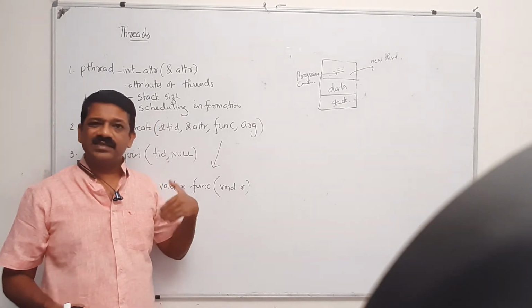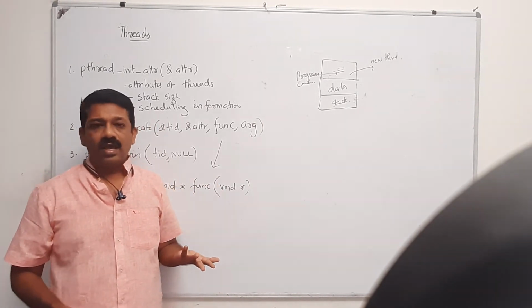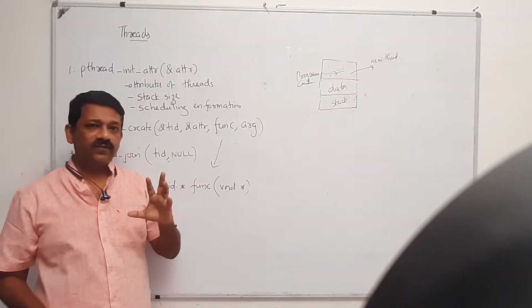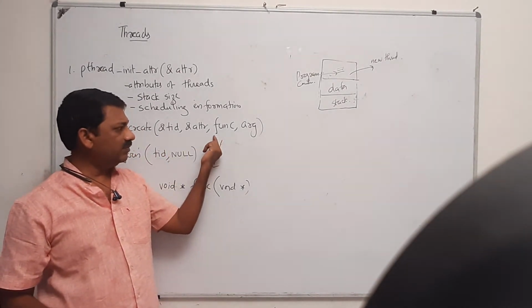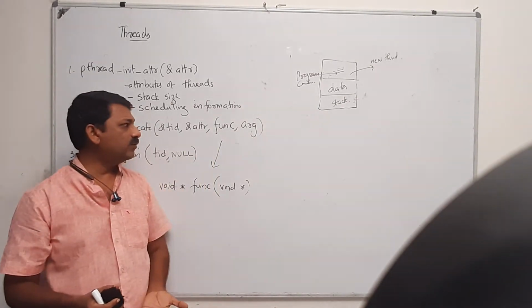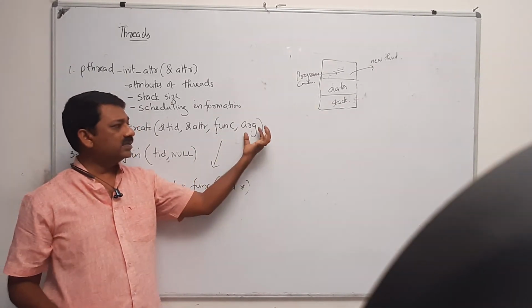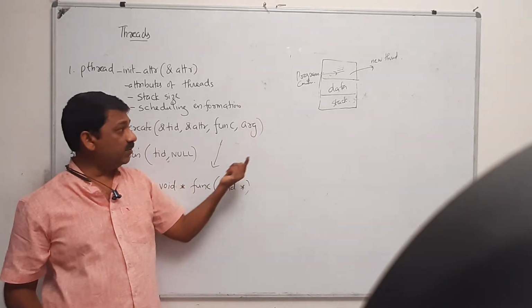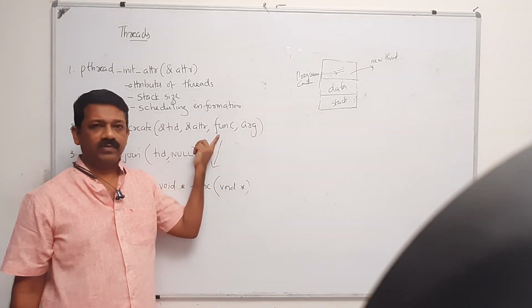It is just like a function code, and there are differences between function calls and this one. This function is going to be executed as a thread, and these are the set of arguments that have to be passed to that function.